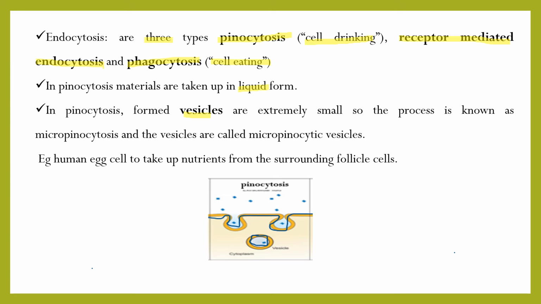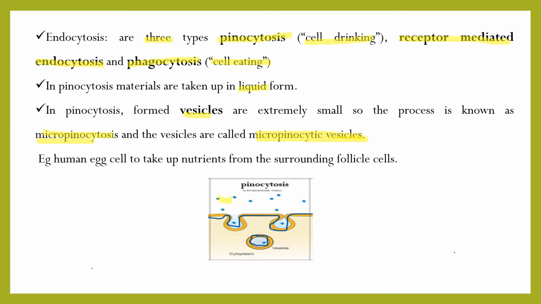So the process is known as micropinocytosis. The process of the formation of these vesicles in pinocytosis is micropinocytosis, because the formed vesicles are extremely small in size, and the formed vesicles are known as micropinocytic vesicles.